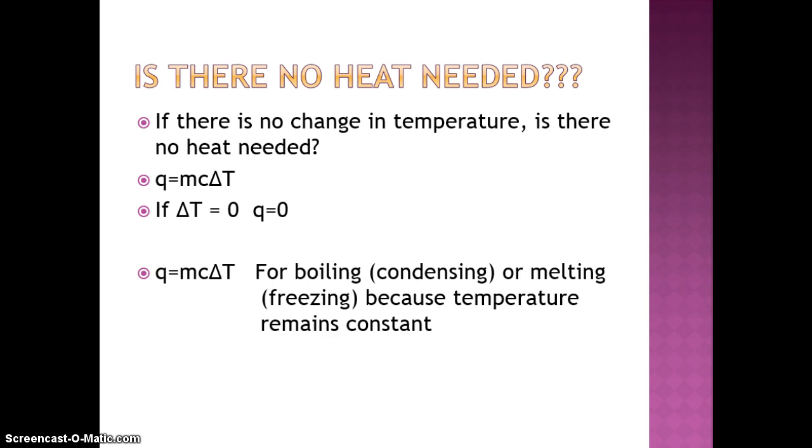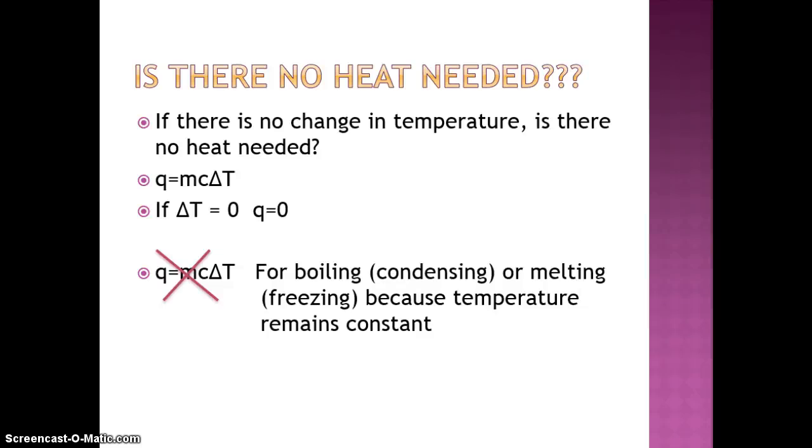So Q equals mc delta T does not work when something is boiling, or the opposite, which is condensing, or if it's melting, which the opposite is freezing, because during those changes of state from a liquid to a gas, or a gas to a liquid, or a solid to a liquid, and a liquid to a solid, the temperature remains constant.